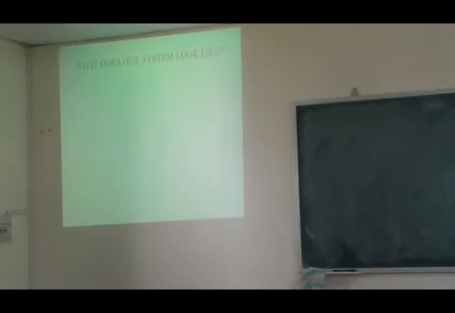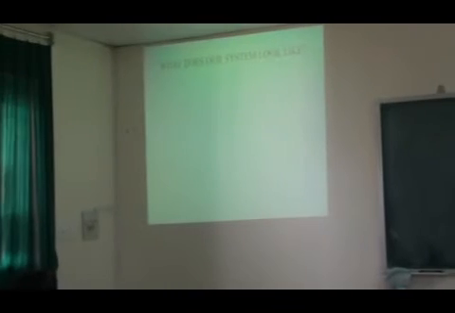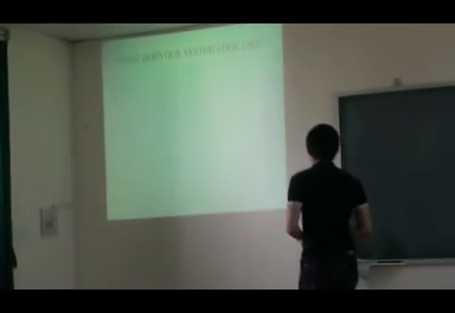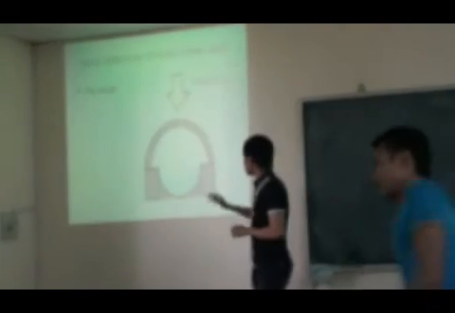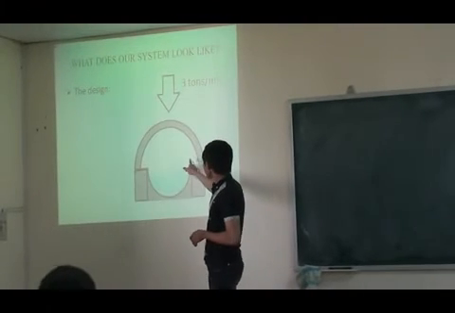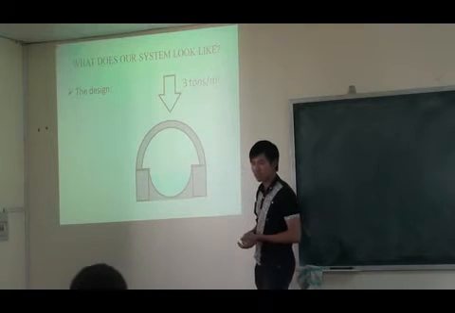And now, Mr. Kasper, tell us about what our system looks like. This is the design of the new sewerage system. It is designed to bear the stress of about 3 tons per meter square.